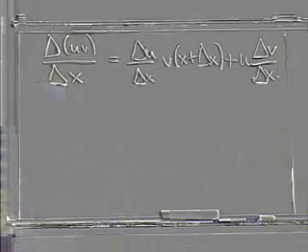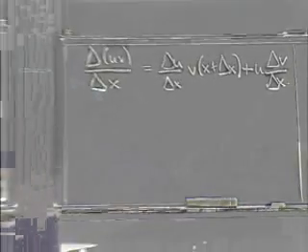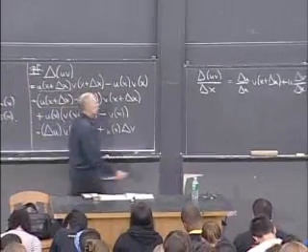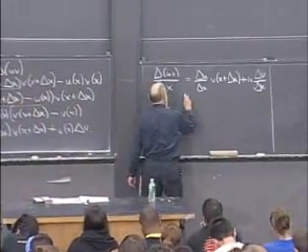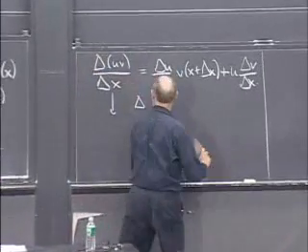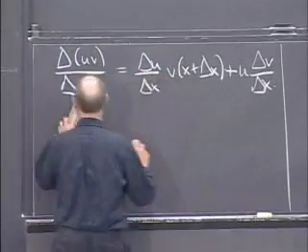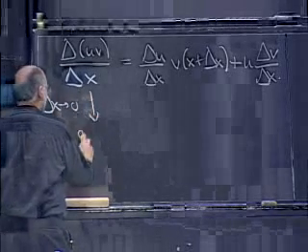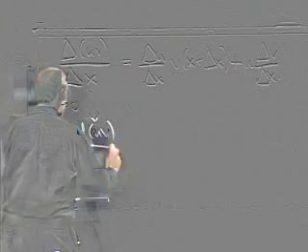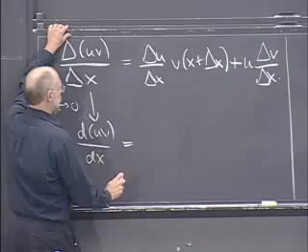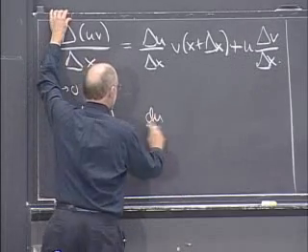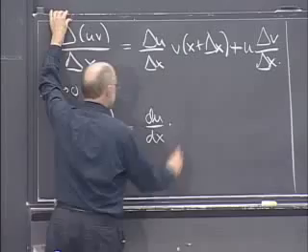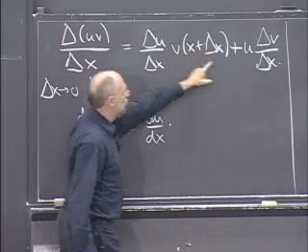So I've just divided this formula by delta x, and now I can take the limit as delta x goes to 0. As delta x goes to 0, this becomes the definition of the derivative. And on this side, I get du dx times, now, what happens to this quantity when delta x goes to 0?